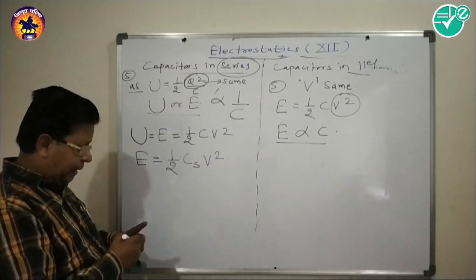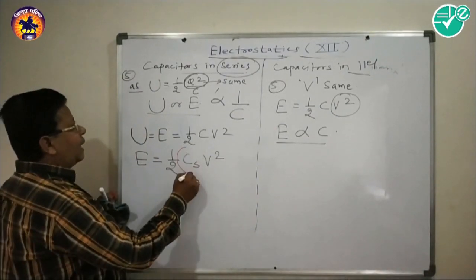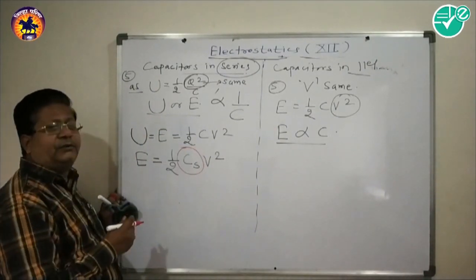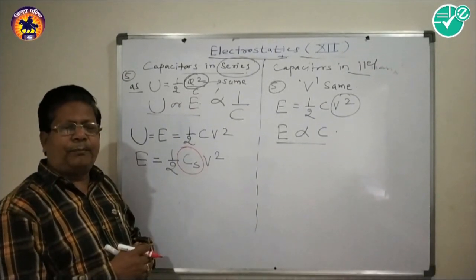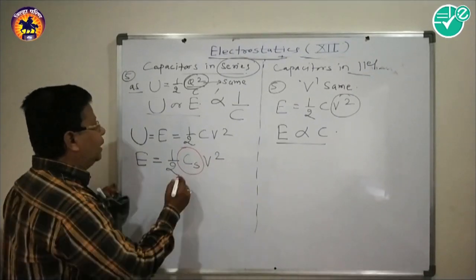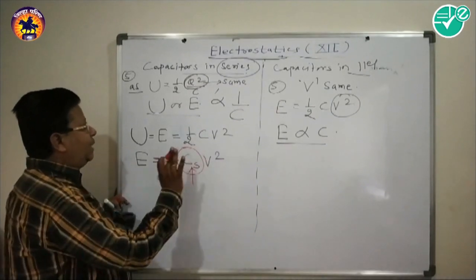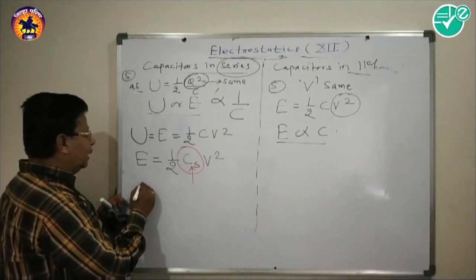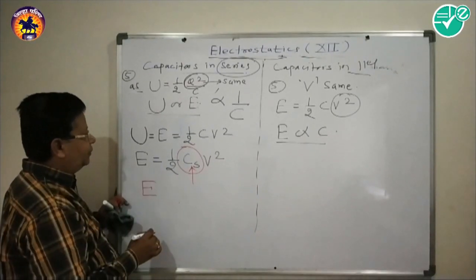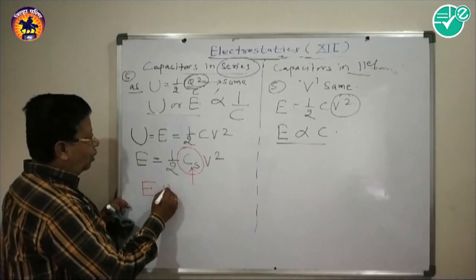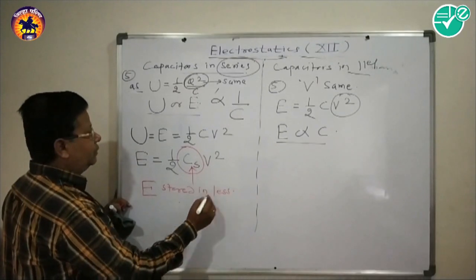But again we know that the equivalent capacitance in series combination is less than the least value of capacitor in series combination. That means the value of this Cs is very small and the applied potential is V. Then in case of series combination of capacitor, energy stored is less or it is least.